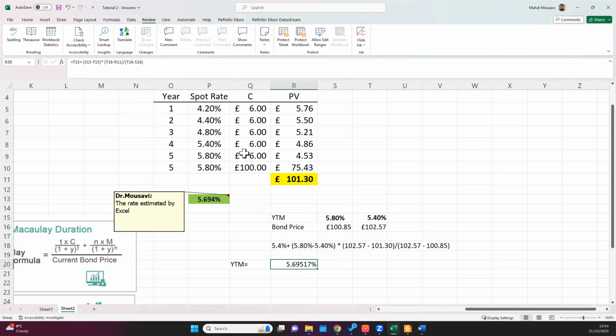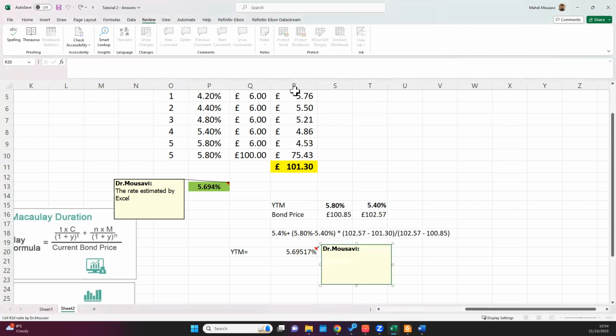And this one is the rate, or let's call it yield to maturity, estimated by interpolation technique. All right.